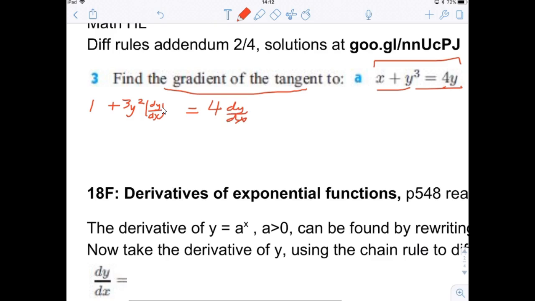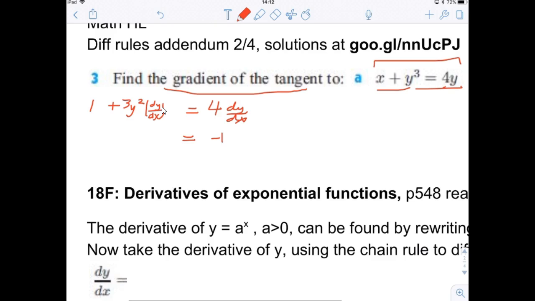Okay. Now we want to put dy dx by itself on the left side. So let's group the terms that have dy dx on the left side. Anything that doesn't have a dy dx, move it to the right side. Subtract 1 from both sides, and we'll end up with the 1 on the left side is negative 1. Subtract 4 dy dx from the left side, and then we'll have 3y squared dy dx minus 4 dy dx.